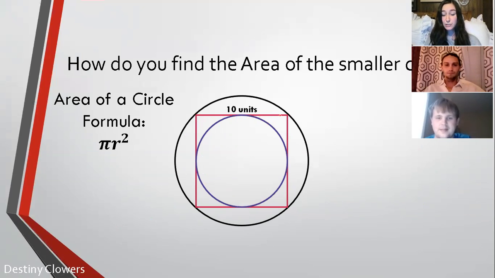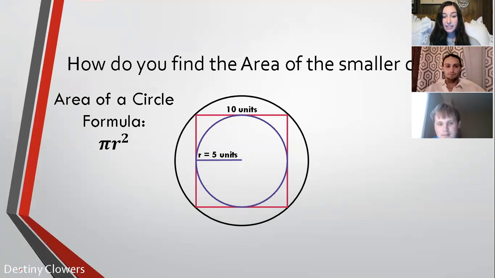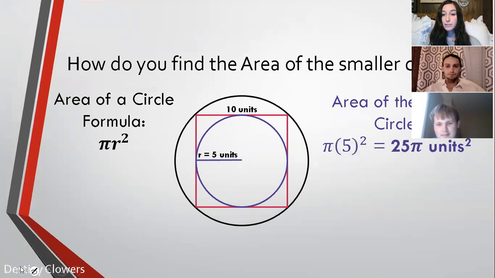So that means that the 10 units, the length of the side of the square, is actually the diameter of the circle. So we can just take half of 10 and get 5 because the radius is always half of the diameter. So that means that 5 will be our radius. And then we're going to just plug 5 into the formula. So when we do that, we get pi times 5 squared, and that equals 25 pi units squared. So that is the area of the smaller circle.